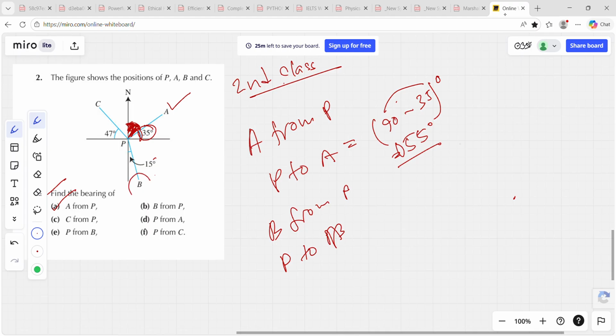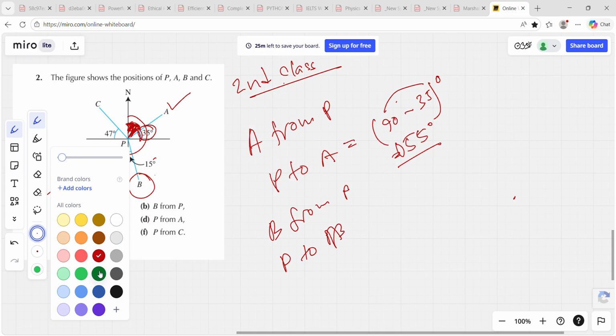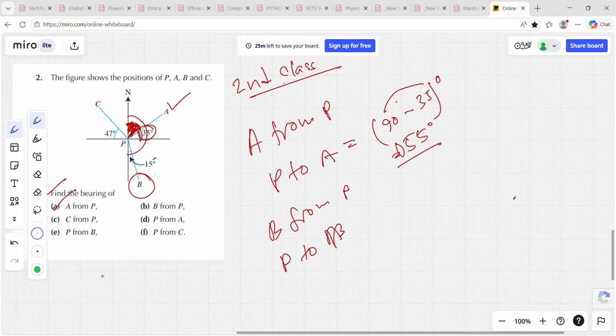So there is B. We know that this whole angle is 180 degrees. If I mark it with a green highlighter, this whole angle is 180 degrees, and there is a small angle which is 15 degrees.